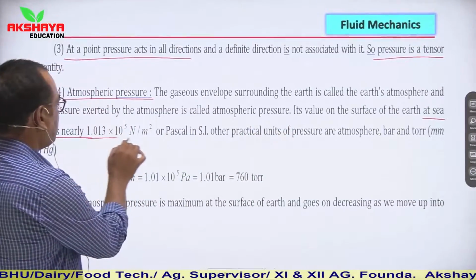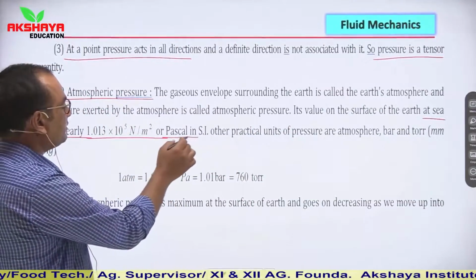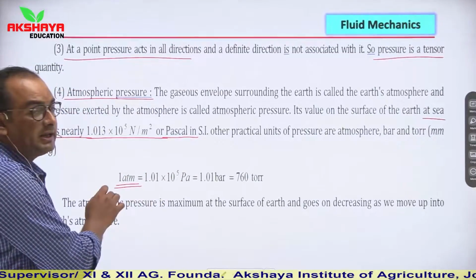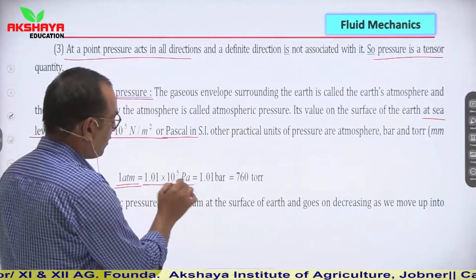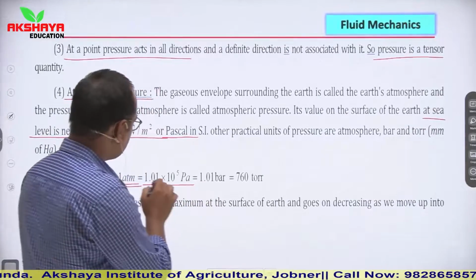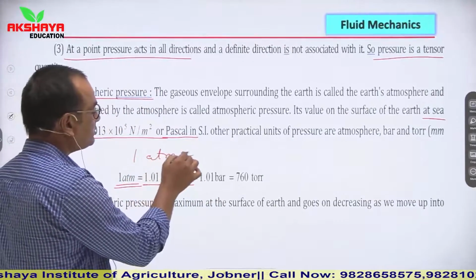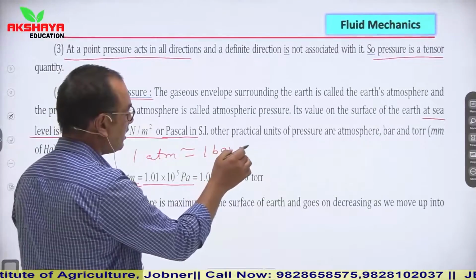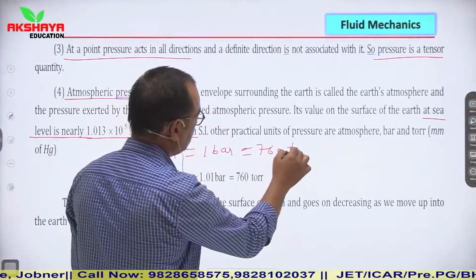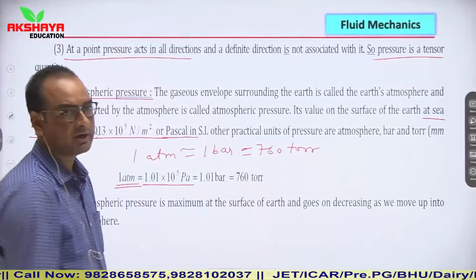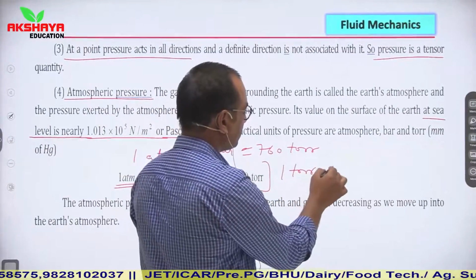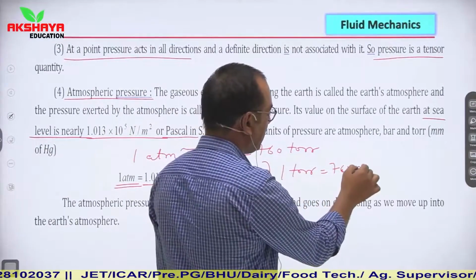Atmospheric pressure is measured in ATM. 1 ATM is equal to 10 to the power 5 Pascal or 10 to the power 5 Newton per meter square. In other units, 1 ATM is almost equal to 1 bar, or equal to 760 torr. 1 torr is equal to 1 mm of Hg.